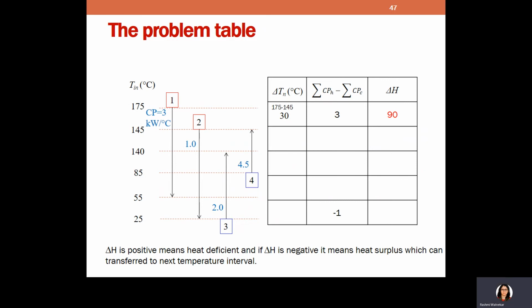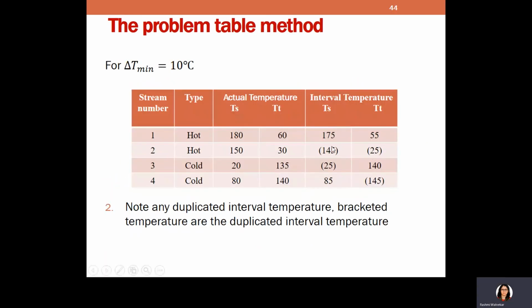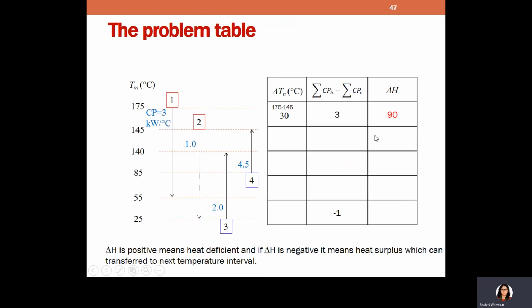So now look back at your table. This is 175 to 55. So you have to draw 175 to 55. Because this is a hot stream being cooled, the arrow goes down. The CP of this stream is 3. Similarly, the second hot stream is from 145 to 25. Write the CP values.